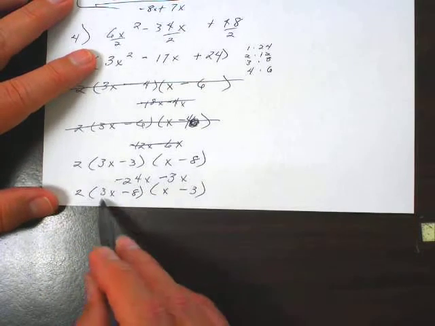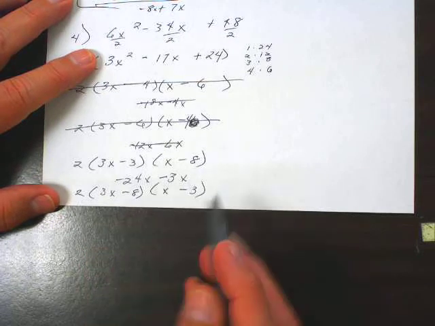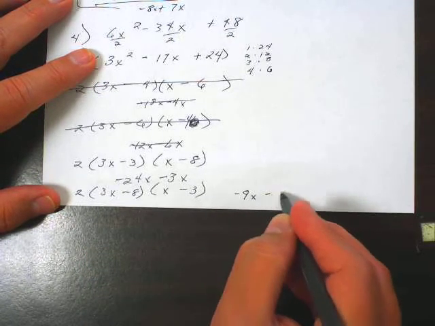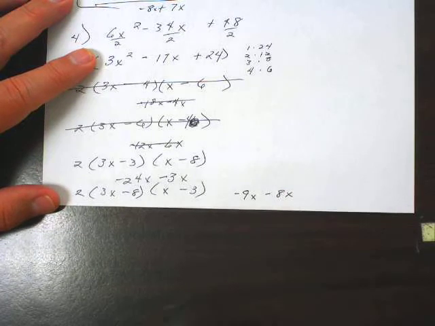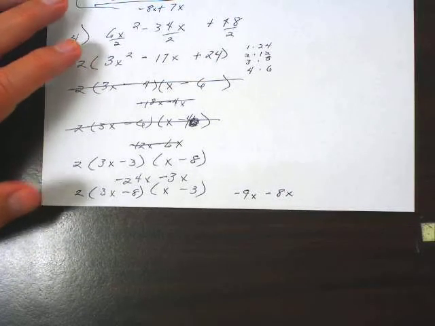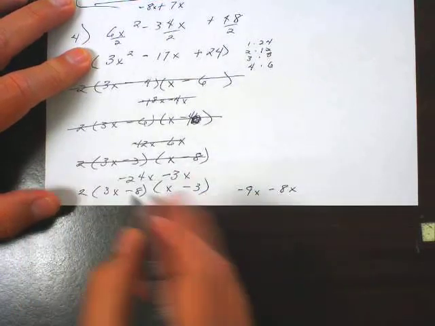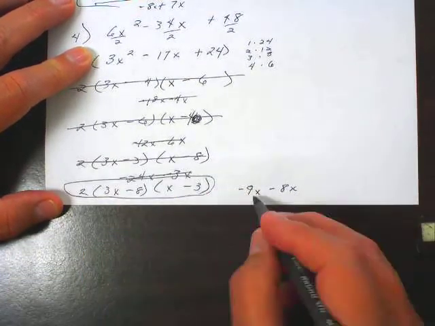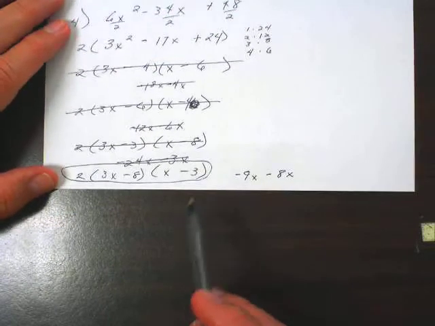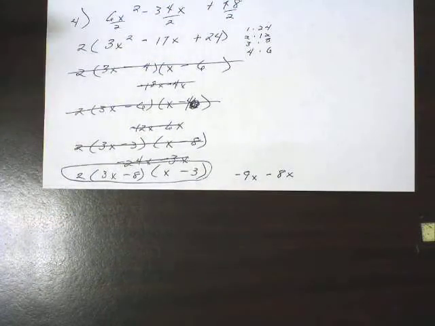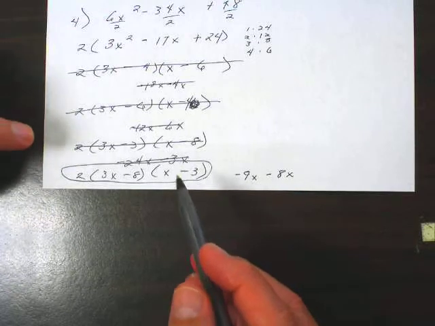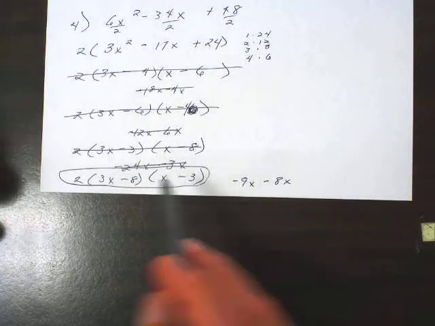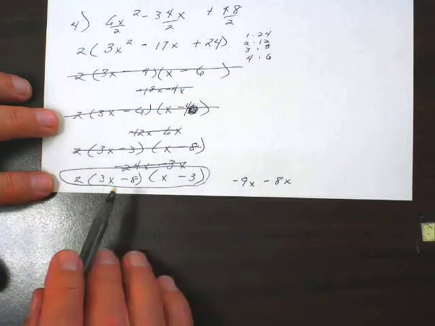And that gives me negative 9x, and does negative 9 plus negative 8x give you negative 17x? So that is the combination that works. Now, once again, I know we're learning about perfect square trinomials, but this is what we learned back in 8.7, where you just do regular trinomial factoring.